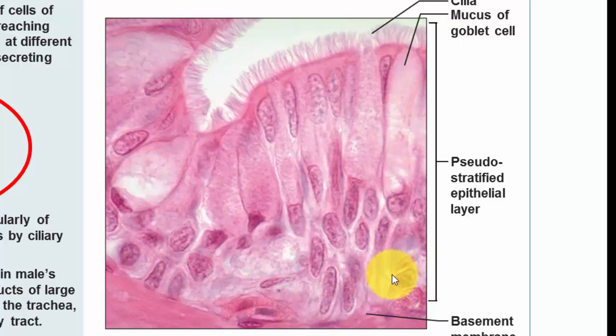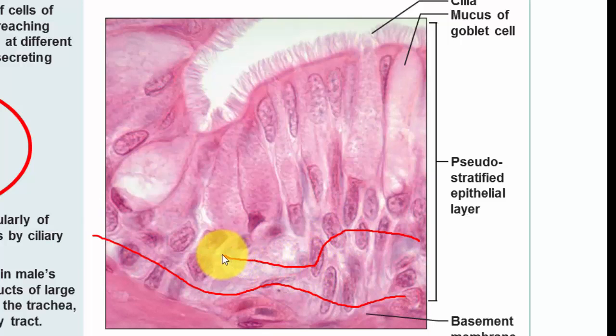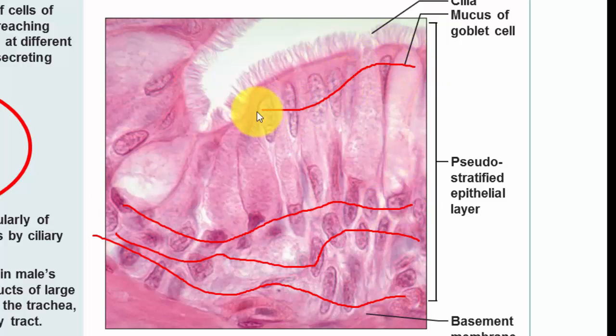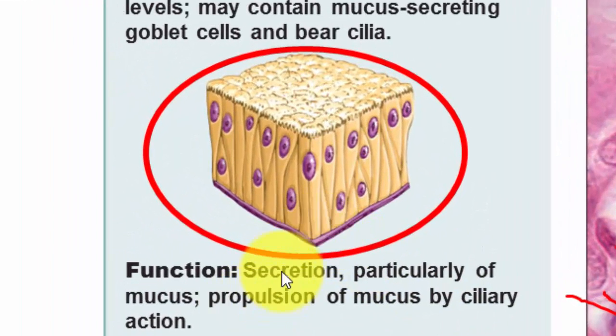So when you look only at the nuclei, you can see this might be a layer of cells, this might be a second layer of cells, this might be a third layer of cells, this might be a fourth layer of cells. But when you look at the electron microscope, you can see actually that all these cells start at the basement membrane.